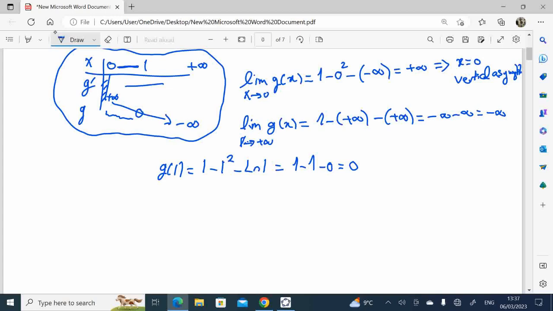The graph is above the x-axis. It means our function g is positive whenever x is between 0 and 1. So we can write g of x is positive if and only if x is between 0 and 1.